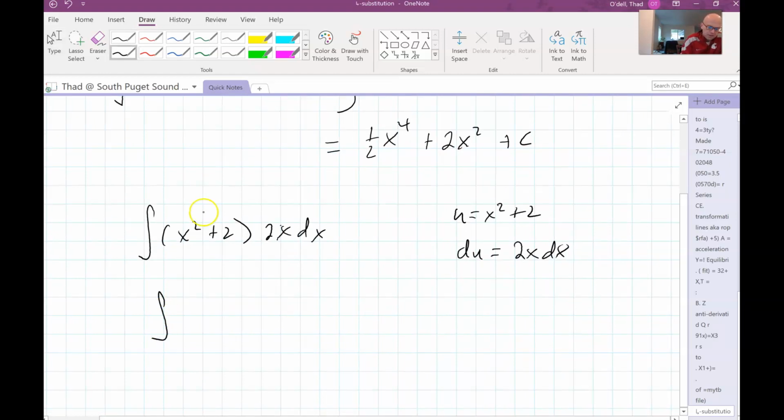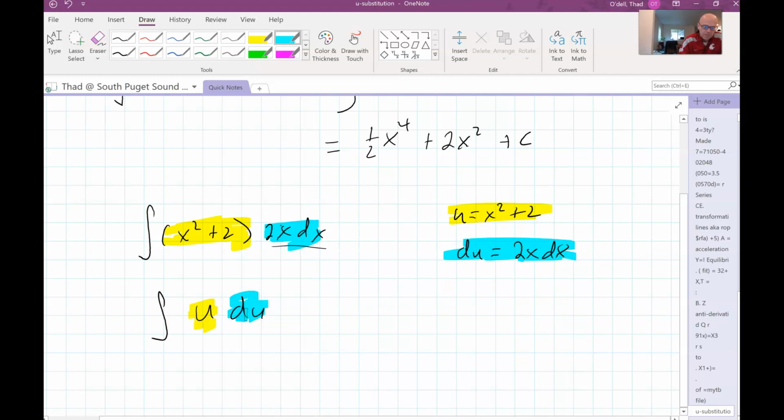We say, let's let this part here be u, and we'll let that part there be du. So you can see that right there, because of this definition, is just u, and that right there, because of this definition, is du.